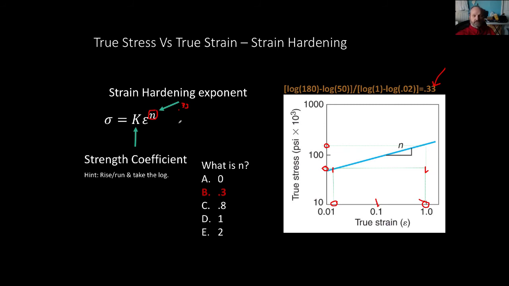Okay, so why do we go through all of these hoop jumpings? Who cares, right? Well, you can classify different materials by their strength coefficients and their strain hardening exponent, right? The strain hardening exponent, which is this n, and the strength coefficient K. So different materials will have different values.